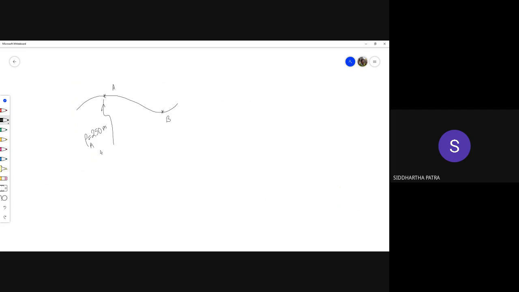And the distance between A and B measured along the path is, let's say, 120 meter. And let's say the radius of curvature at B is 150 meter.